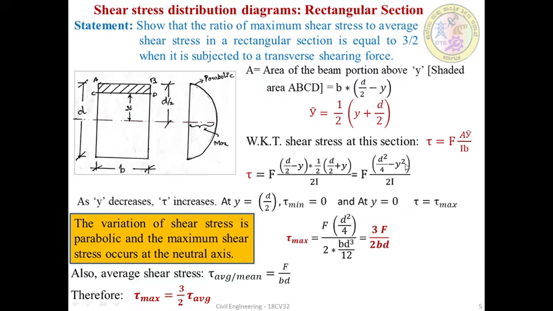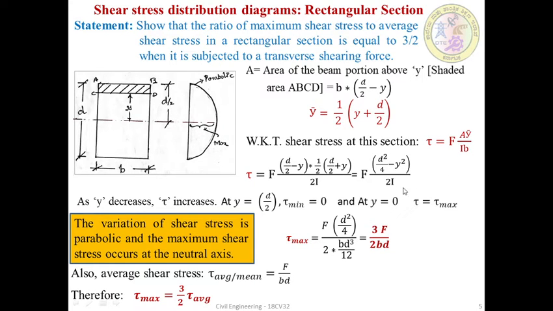When y is d by 2, the extreme fiber, the stress becomes 0. It means that the shear stress is 0 at the extreme ends and is maximum about the neutral axis.